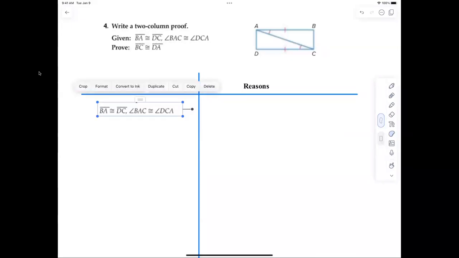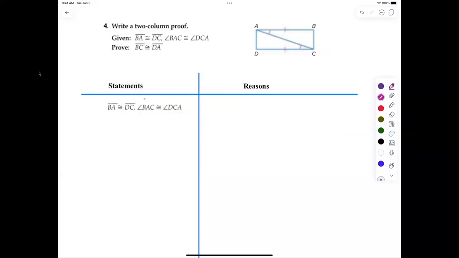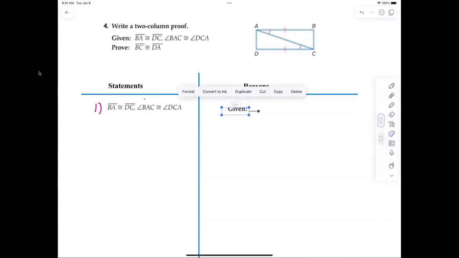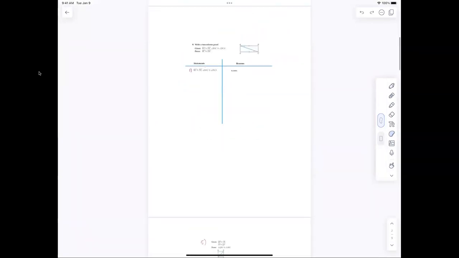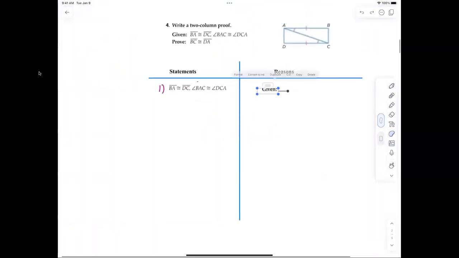So here we go. Let's put down the given. All right, anybody want to tell me?